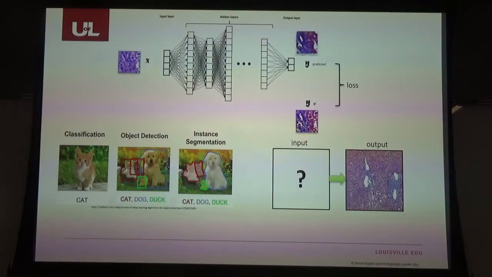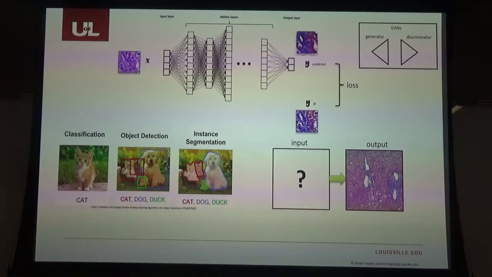But here the comparison is between image and image, the real image and the produced or virtual image produced from the generative AI model. So in order for us to do that, it's common to use another network that takes care of that comparison.